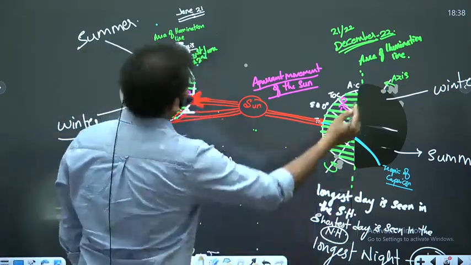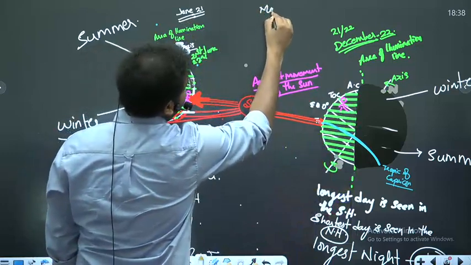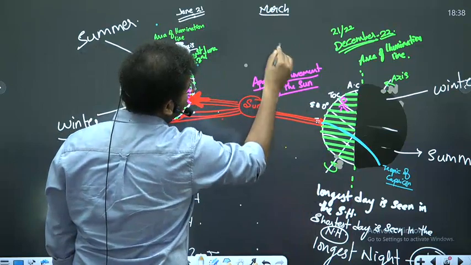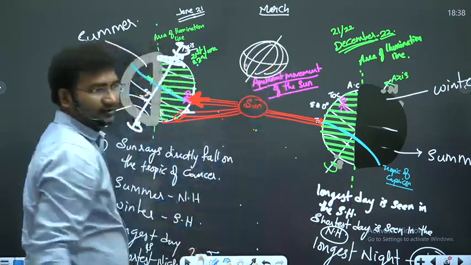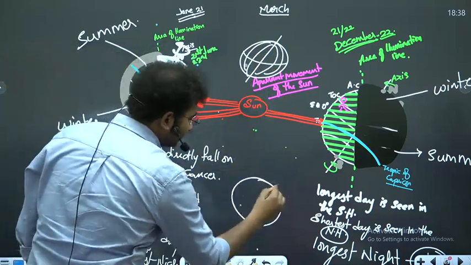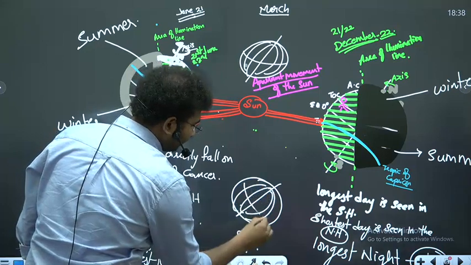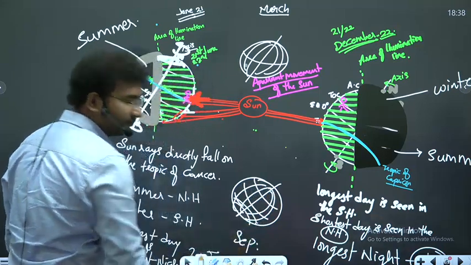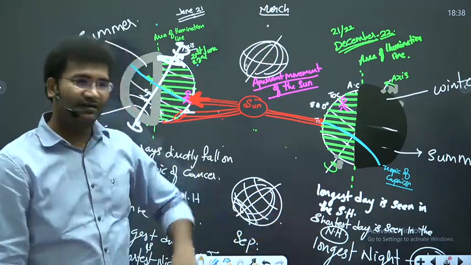So if this is June, this is December, you will have March here, right? That means this is where in the month of March your earth will be here. And this is the month of September. Your Earth will be here. आप बताओ स्प्रिंग इधर है या इधर है?